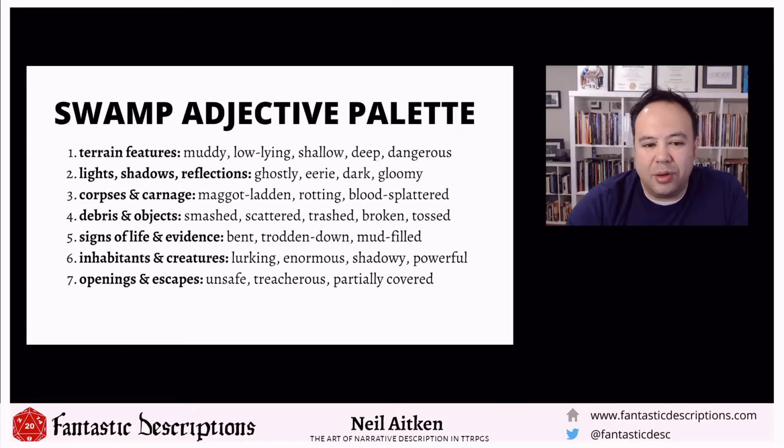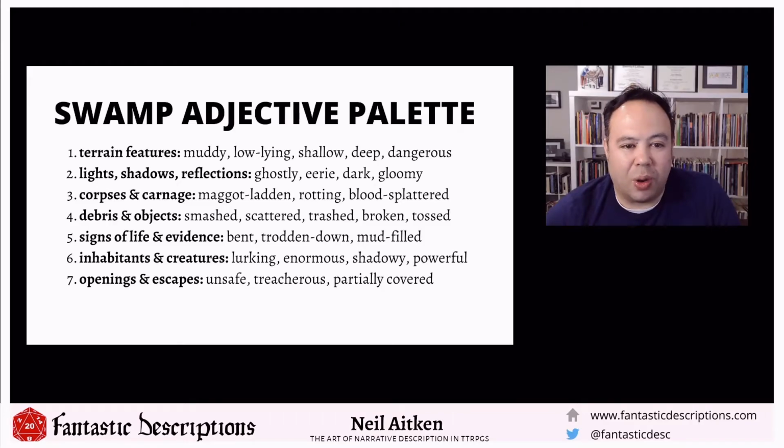Or something that's moving through the water might be powerful or enormous. You can combine these together. You can come up with your own adjectives, but this is just, again, a swamp adjective palette, thinking about what might go on mine when building an encounter or a setting like this.